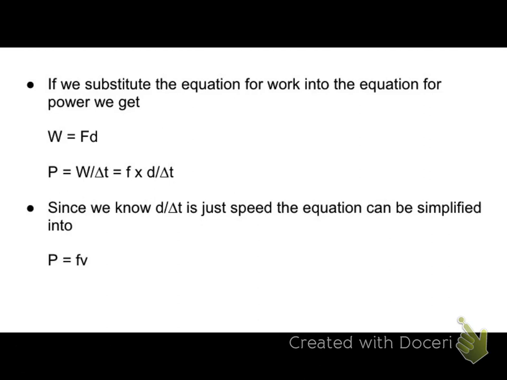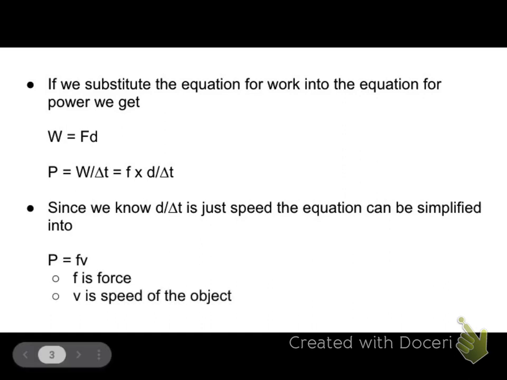And since we know that distance over time is just speed, we can simplify the equation into power is equal to force times speed. F, of course, is force, and v is, of course, speed of the object.